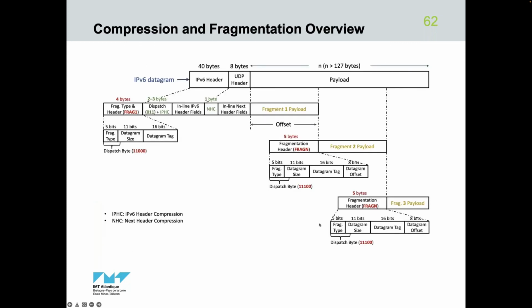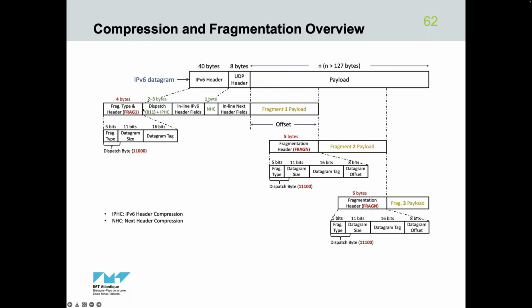I would like to show you this figure once again, where you can see all the fields for the fragmentation part, which unfortunately I didn't have time to show you in detail. I hope I will have the opportunity in the future. For the fragmentation, frag1 is the first fragment, and frag_n represents the subsequent fragments.